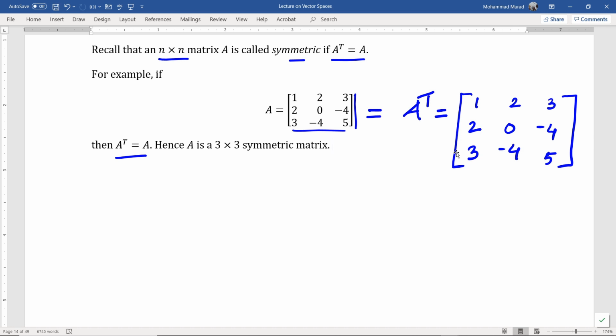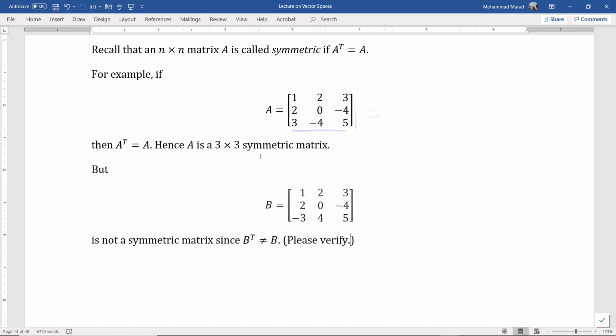So if this condition is met, we say a matrix is a symmetric matrix. But the matrix B is not a symmetric matrix, since its transpose is not equal to the matrix B. For example, the first row of B is not the same as its first column.